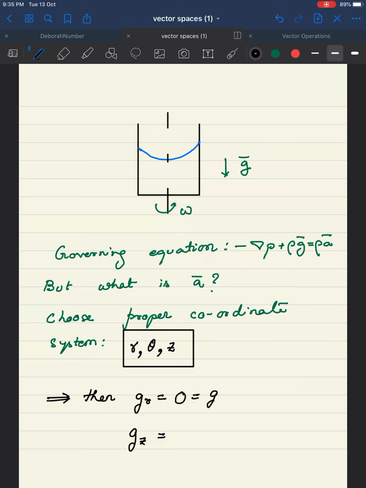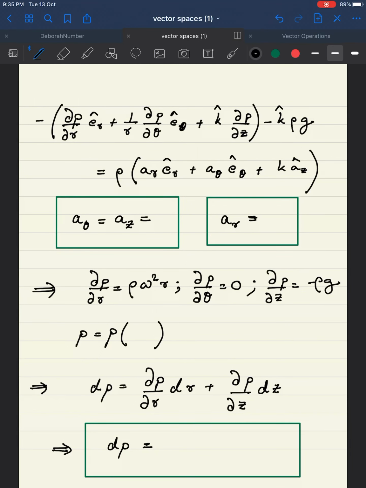And this is equal to g theta. Gz is equal to minus g. Whenever you are doing this, please be very careful about how z is oriented. Z is oriented here, in this case going up. So this is the direction of z. So at least one of the expressions we now understand what we have to do.